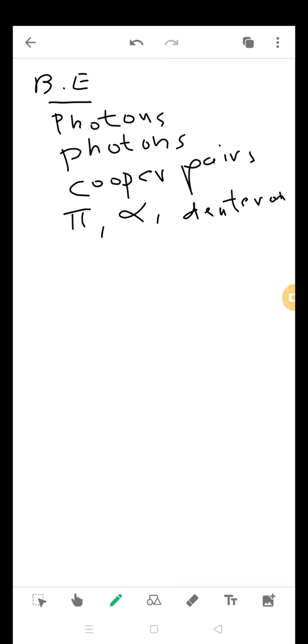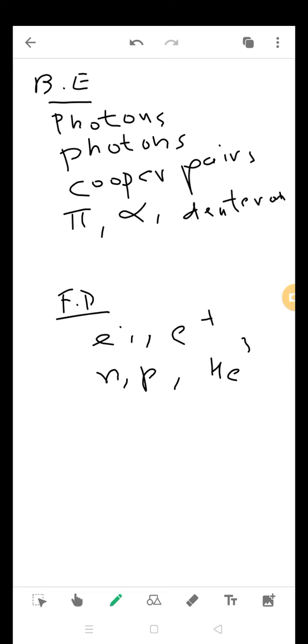Similarly, FD particles, or particles following FD statistics, are your electrons. Then we have positrons. We have the nucleons, that means neutron and the proton. Then we have the helium nucleus, and we have mu mesons. These are the particles which actually support the FD statistics.